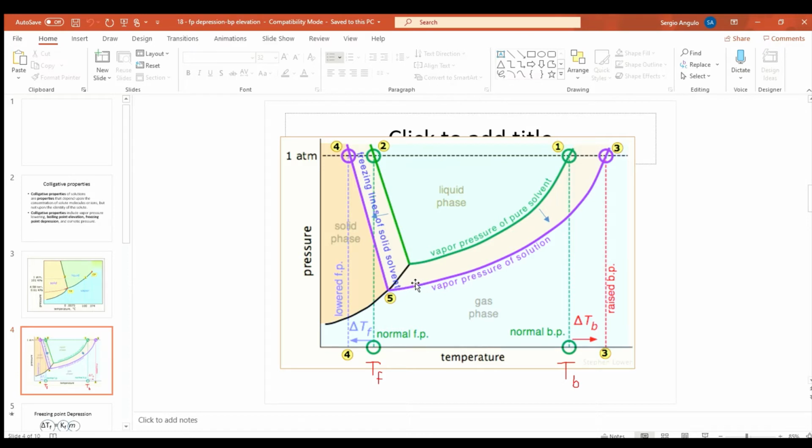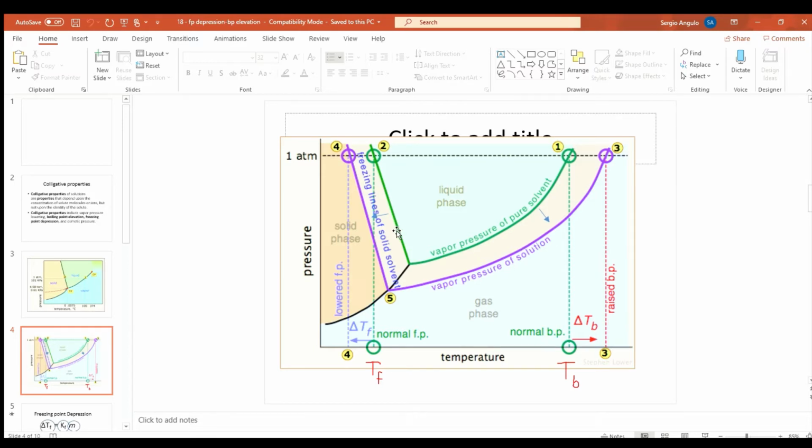Okay. So we went from having the vapor, this line represents vapor pressure of pure solvent. When you add solute to the solvent, then the solution has a new line, okay, and it gets pushed away toward where the purple line is right here.